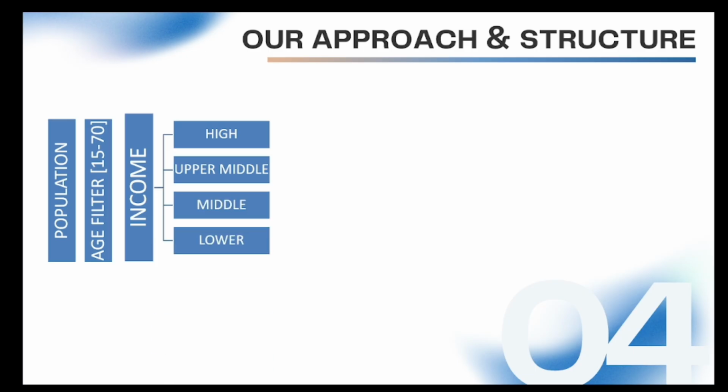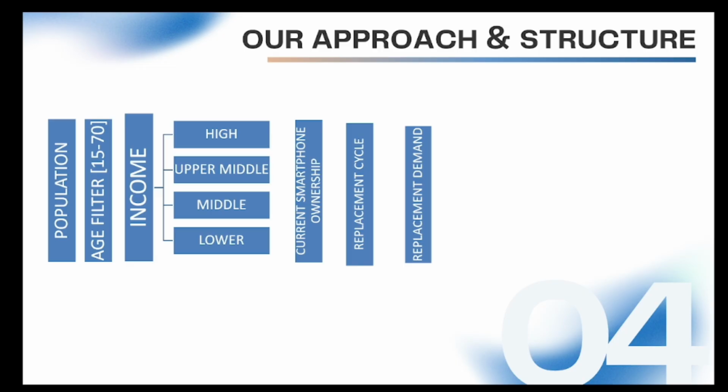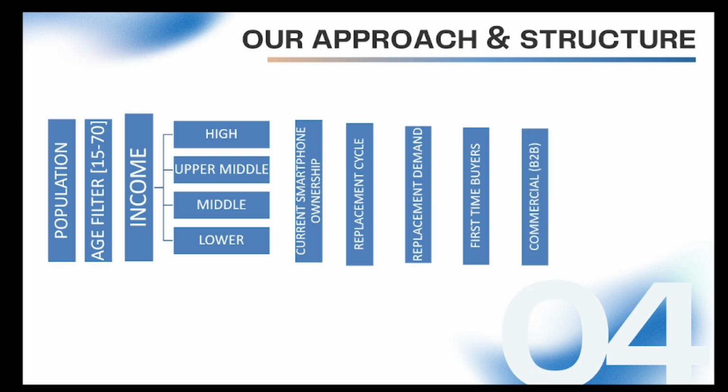For each income tier, I will estimate the current smartphone ownership, that is, what percentage already owns a smartphone, then apply a replacement cycle, that is, how often do they upgrade. This will give me the replacement demand. Then I will add the first time buyers, that is, people converting from feature phones or buying their first smartphone. Finally, I will add commercial sales that we discussed, which are bulk purchases by businesses, and we will get our final answer. This systematic approach ensures we don't miss anything. So let's start calculating.